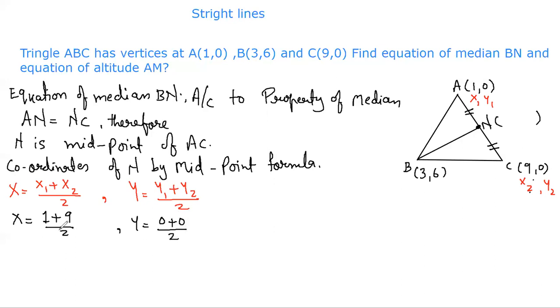So the x coordinate is 10 over 2, which is 5, and the y coordinate is 0 over 2, which is 0. So the coordinates are (5, 0).